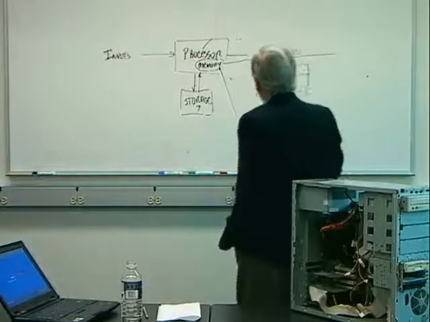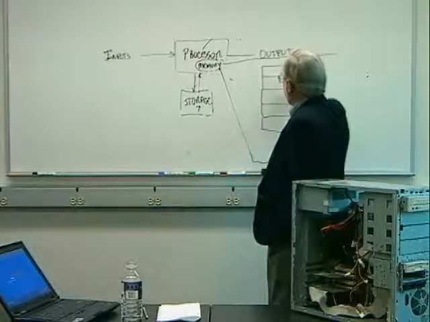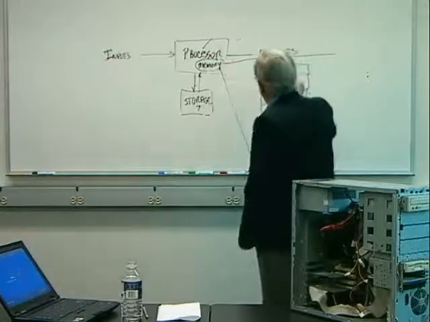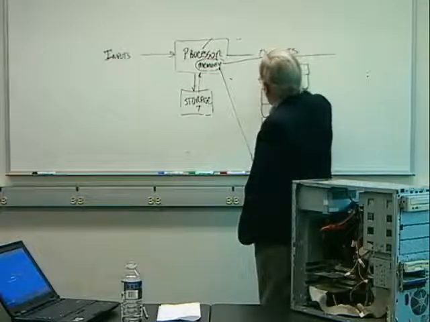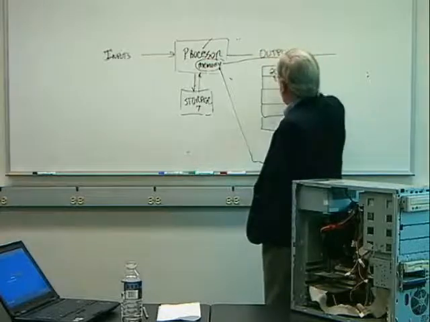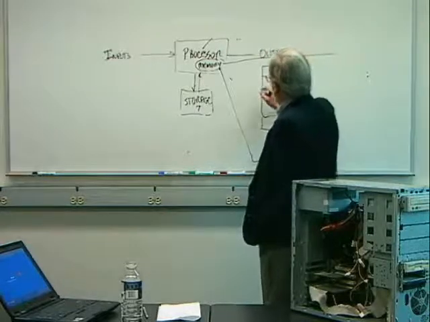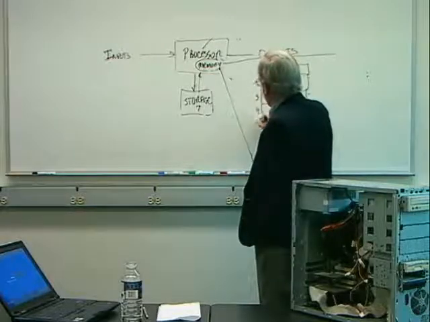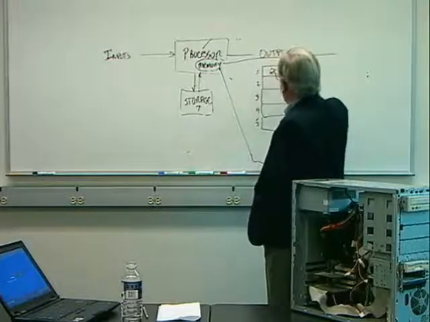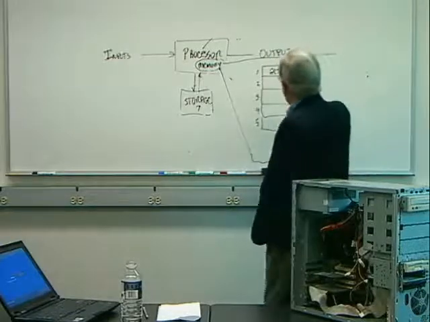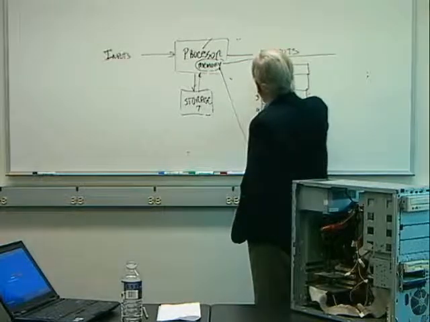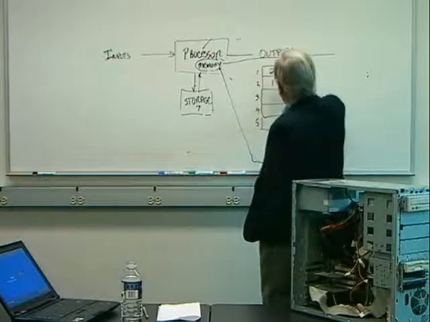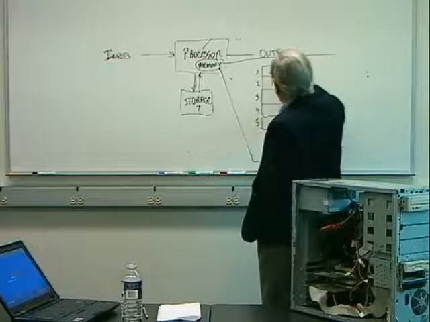For example, I could put an instruction into a location here by using a code that the processor can understand. That instruction could say, get a number. Where? Well, let's call the locations number 1, number 2, number 3, number 4, and 5. So I say get a number, and where is that number located? Let's say the number is here: 1, 3, 5, 7, and that's a get the number that's in location number 2.